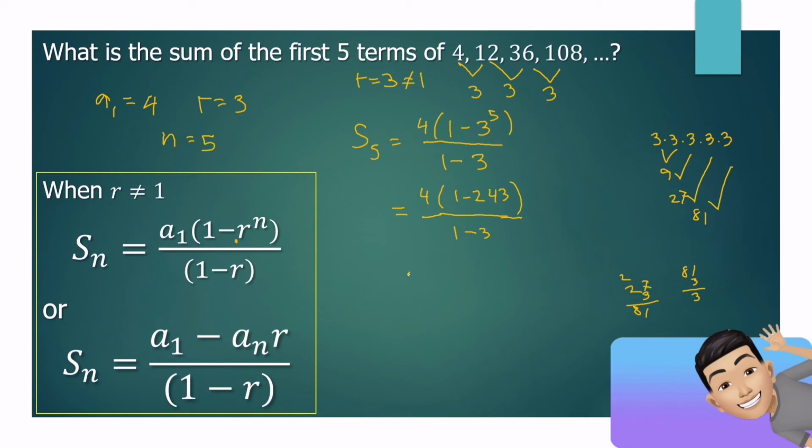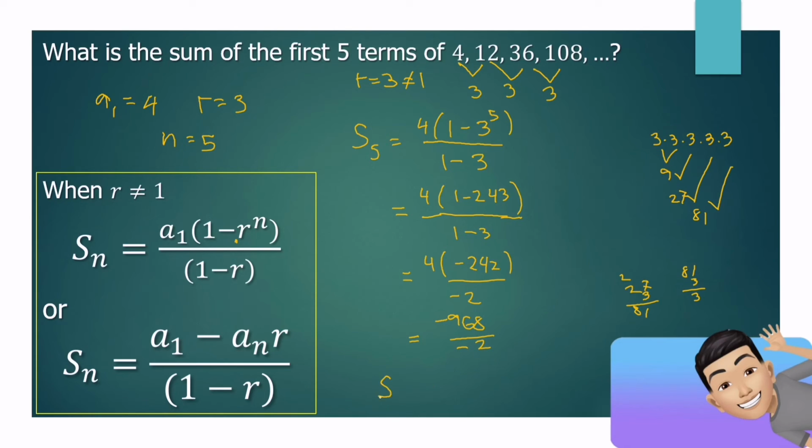Okay. So, simplify natin. 4, negative 1 minus 243 is negative 242 divided by 1 minus 3, negative 2. And then, product ng positive at saka negative ay negative 968 divided by negative 2.